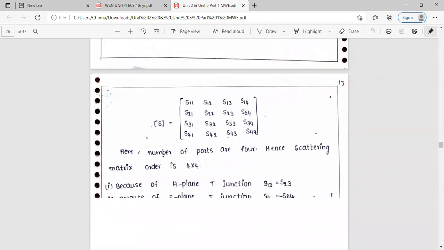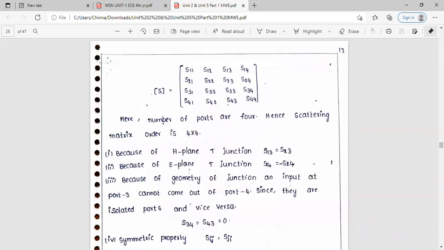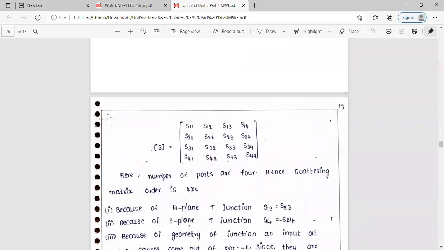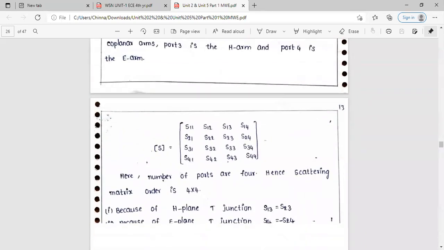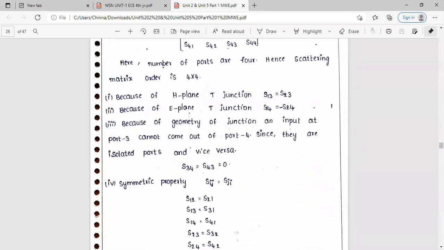This is a 4-port network, so we consider the 4x4 scattering matrix and apply some properties of the S parameters according to the magic tee. Because of the H plane T, S13 is equal to S23.